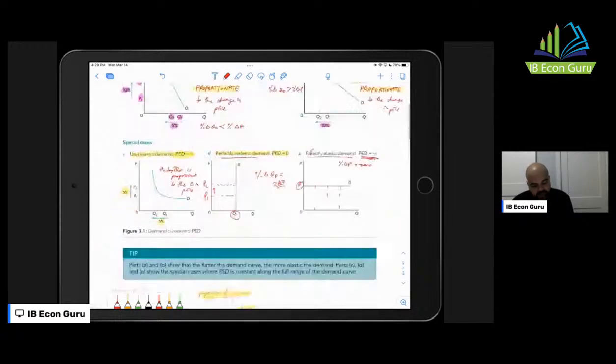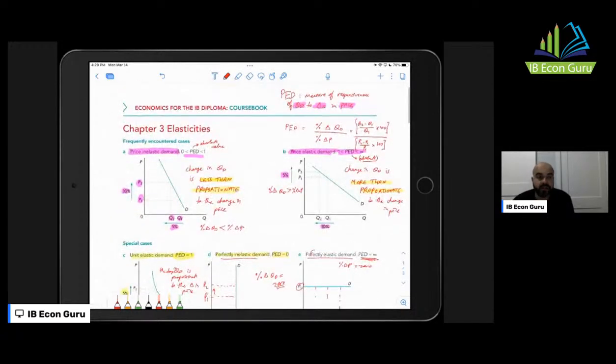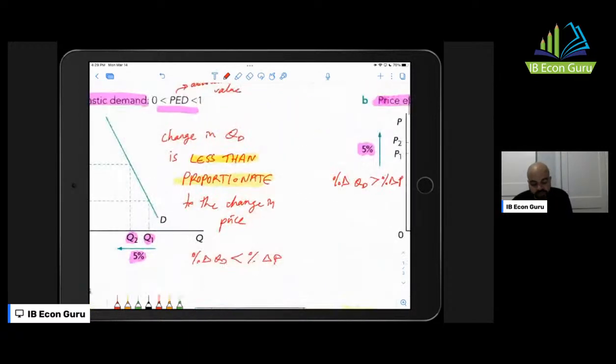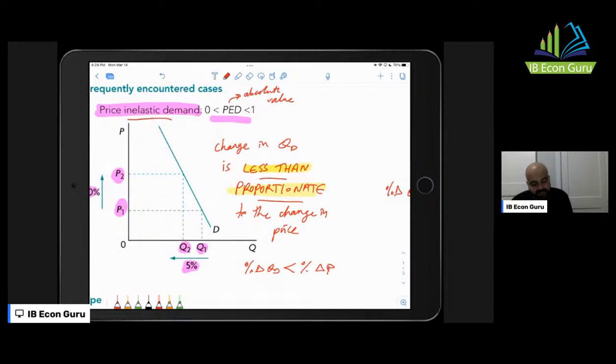Okay, so these are the things you should remember. I talked about the definition of PED, the formula used to calculate PED, the 5 different scenarios. Remember to use words like less than proportionate and more than proportionate, not bigger or smaller. If you're talking about price inelastic demand, the change in quantity demanded is less than proportionate to the change in price.